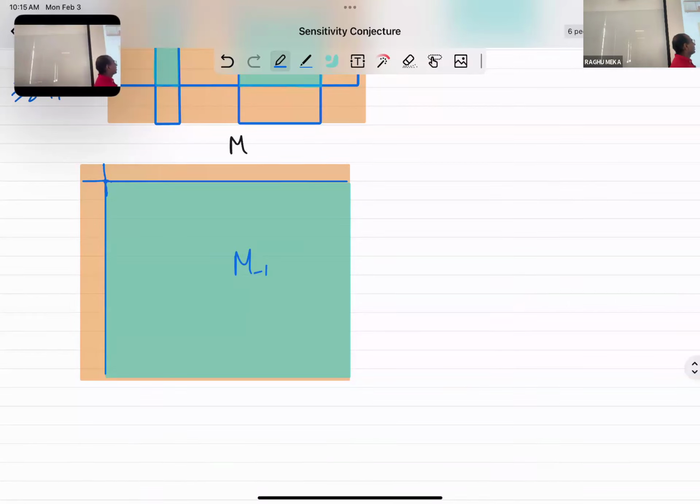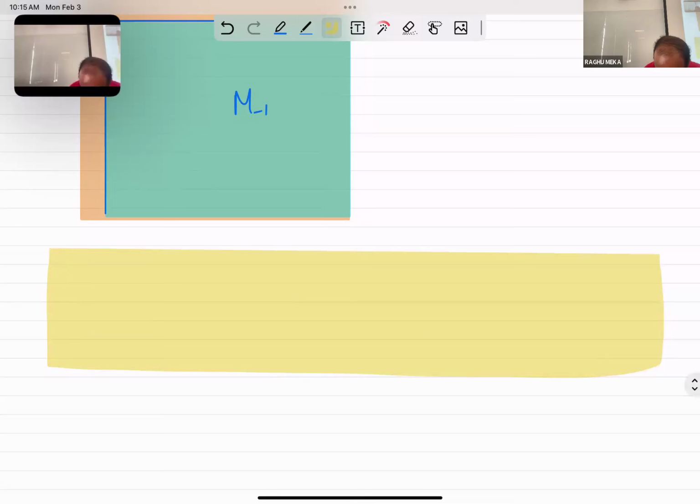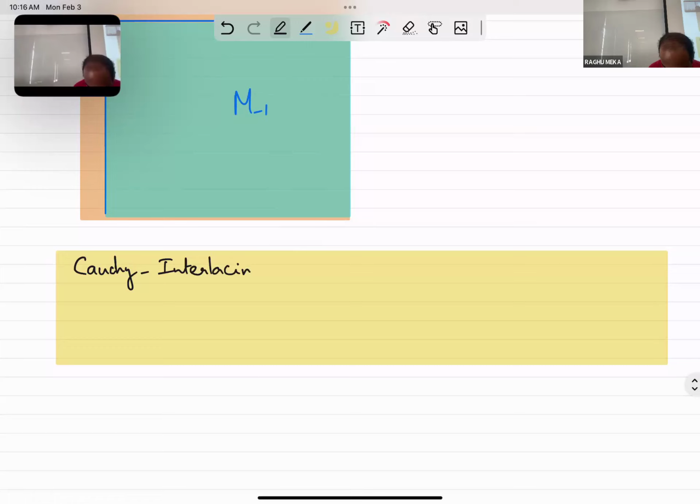Now, usually we don't know the exact formulas, but there's this beautiful, very old theorem, very old in the sense that it's not exactly known in this language, but it has rich history around it and is phenomenally useful in linear algebra. It's called the Cauchy interlacing theorem. All right.